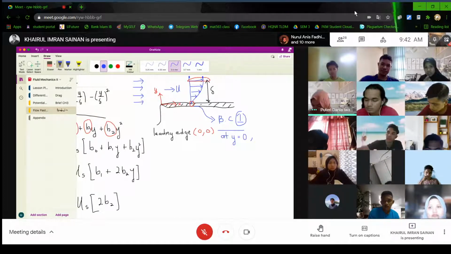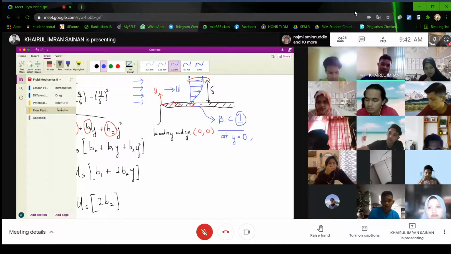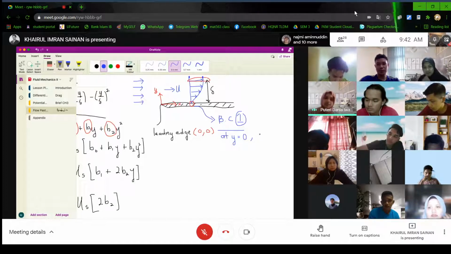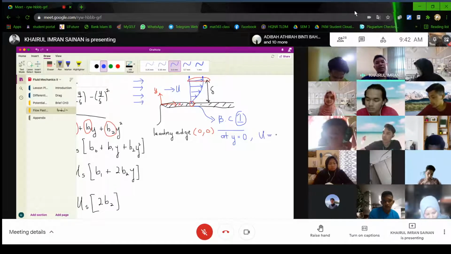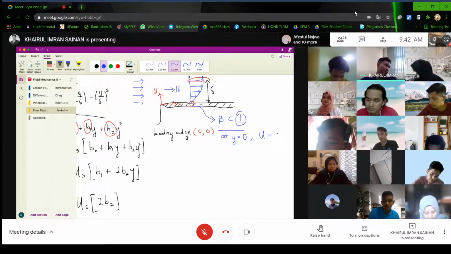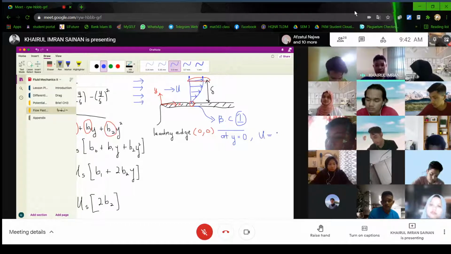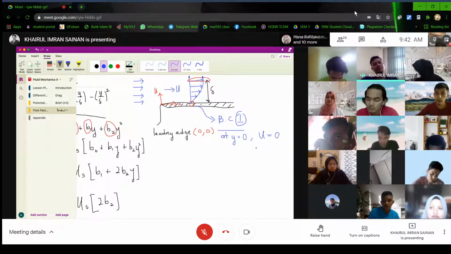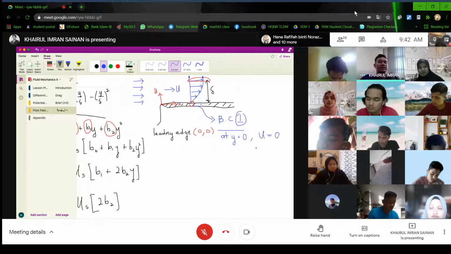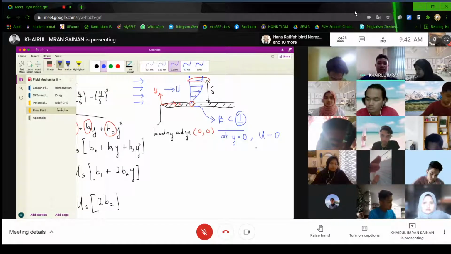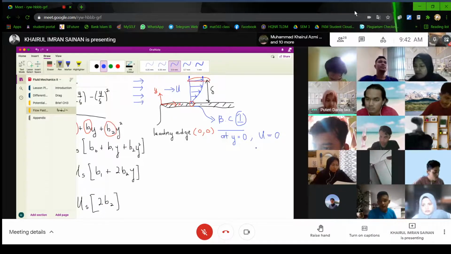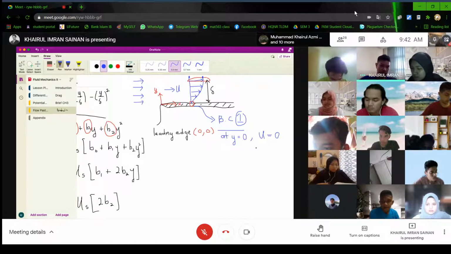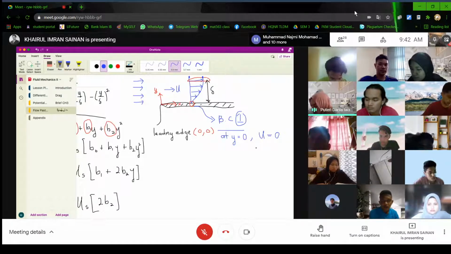Small arrow. So meaning U equals to 0. Right, so we just take a look at the arrow magnitude. Even though this is only sketching, it actually represents something. Clear? Then BC2.